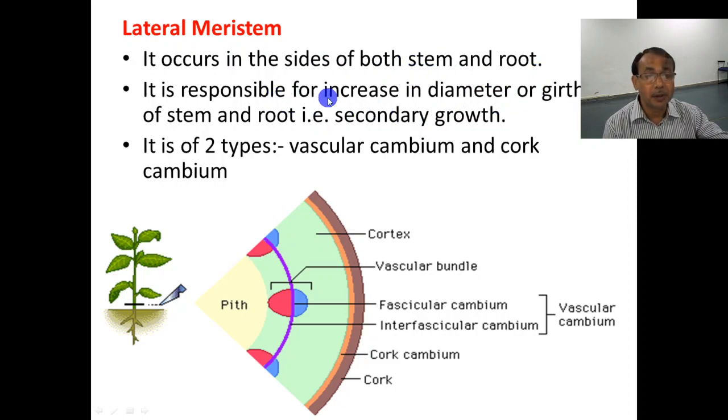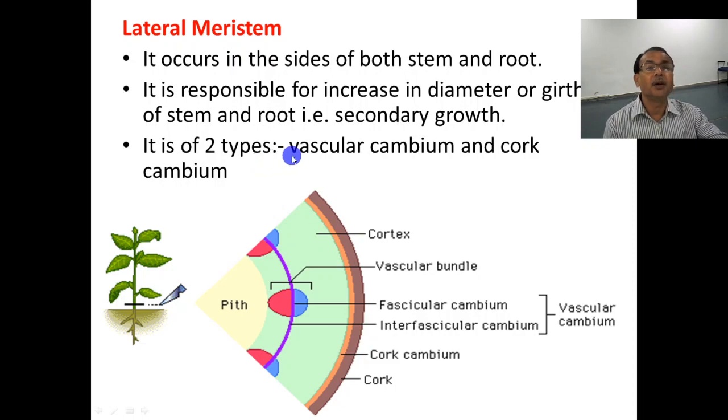It is responsible for increase in diameter or girth of stem and root, that is secondary growth. Increase in diameter or girth is called secondary growth. So what happens is that because of lateral meristem, the girth or the thickness is going to increase.